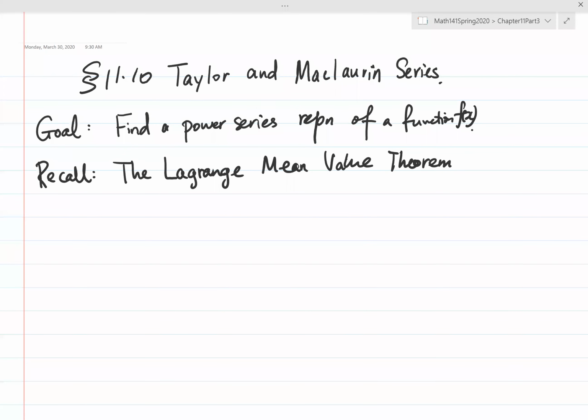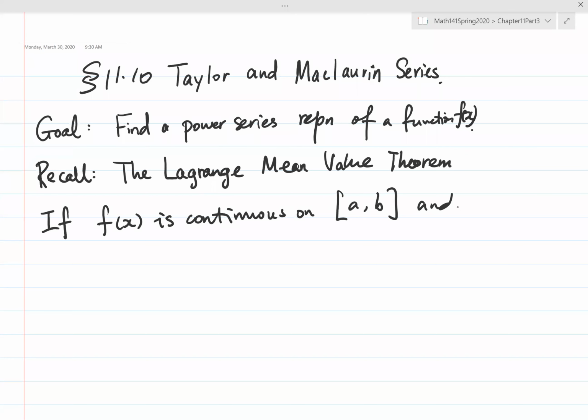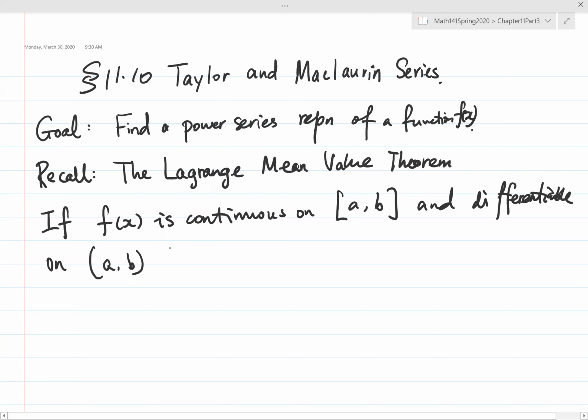Suppose f(x) is a function that is continuous on the closed interval [a, b] and differentiable on the open interval (a, b).